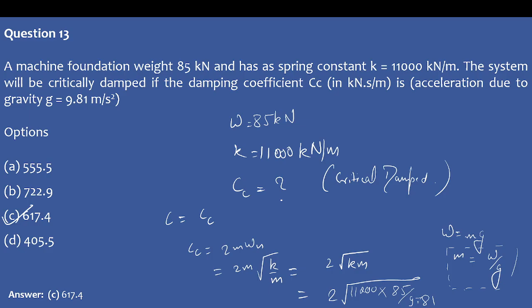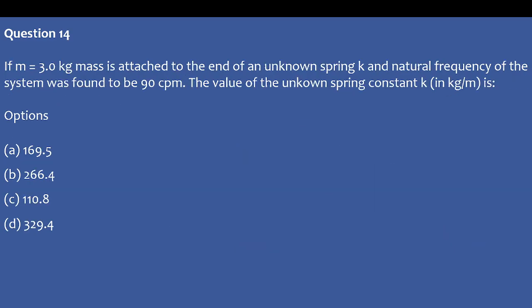Then let's move to question number 14. If a mass equal to 3 kg is attached to the end of an unknown spring K, and the natural frequency of the system was found to be 90 cpm, what is the value of the unknown spring constant K?